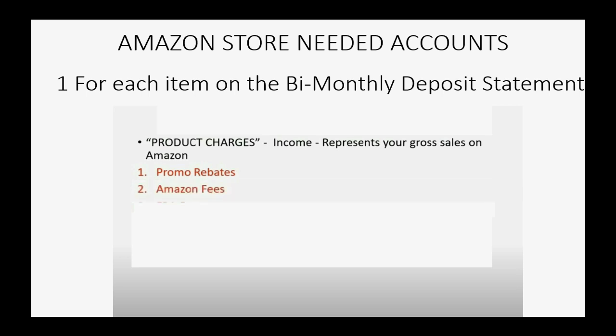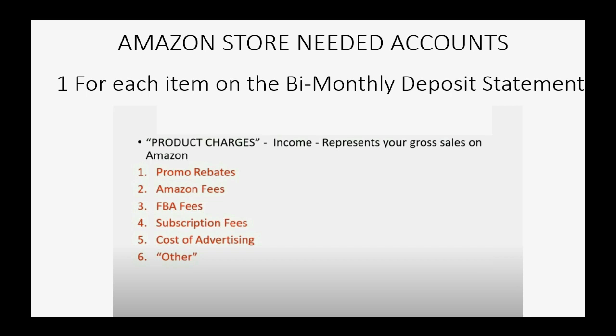Then every other account that you put is simply an item that they list one by one on that bi-monthly deposit statement. And each of these items in red are expenses. These are things that Amazon deducts from your product charges, deducts from your income before it puts the net amount from the deposit statement into your bank account.